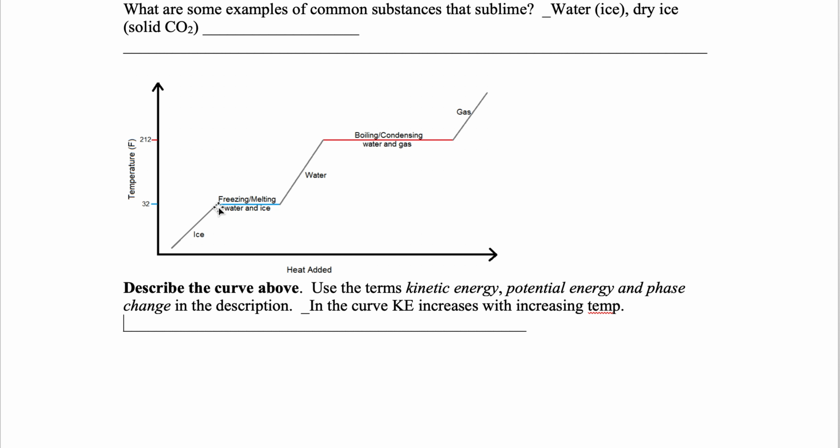In this flat part right here, that's where I'm going to get potential energy in the game. So, at the end of the day, a chemical bond, however you stack it up, be it a covalent bond, an ionic bond, a metallic bond, a force of attraction, an intermolecular force, is potential energy.